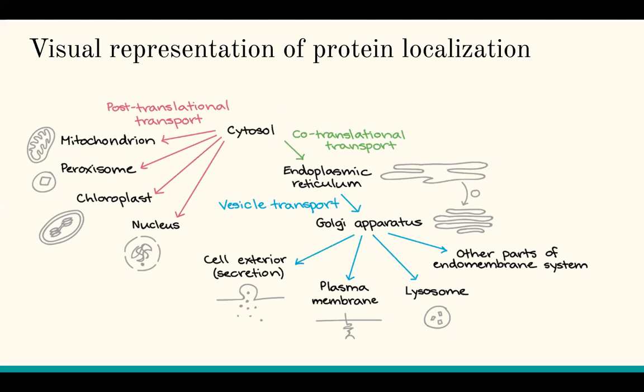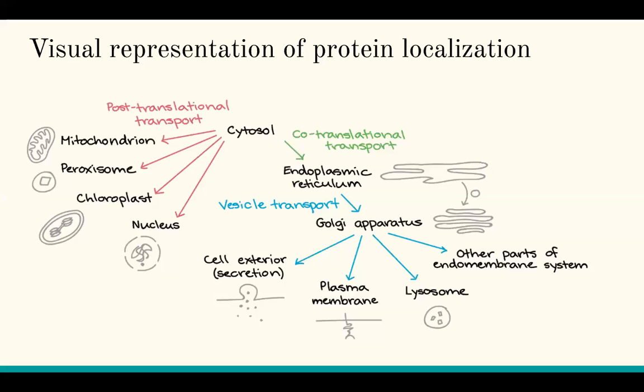If you don't have an ER retention sequence on your C-terminus, you'll continue to the Golgi, which is that vesicle transport, and the big diagram of the cell we showed you earlier. Your Golgi will either send your protein to secretion in the cell exterior through the vesicles, the plasma membrane, the lysosome, or other parts of the endomembrane system, which you don't need to know for this class. The main takeaway here is that you need to have a retention sequence for the ER if you're going to stay there. If not, you'll go through this whole system until you end up on the outside of the cell.